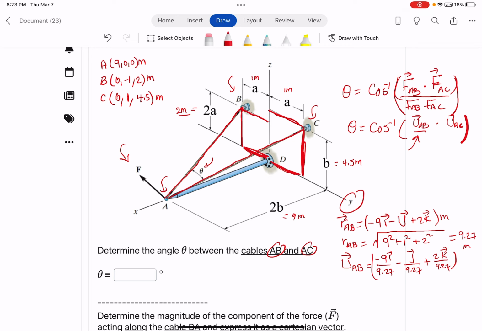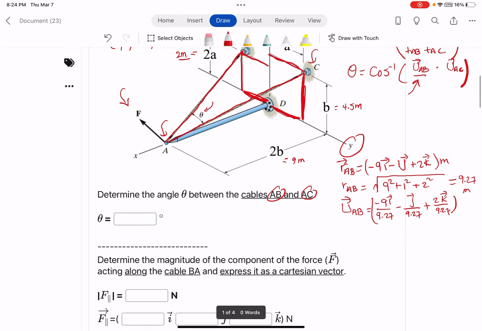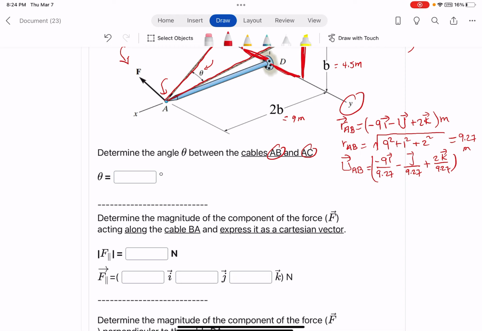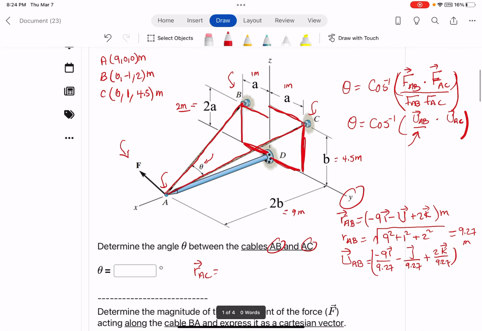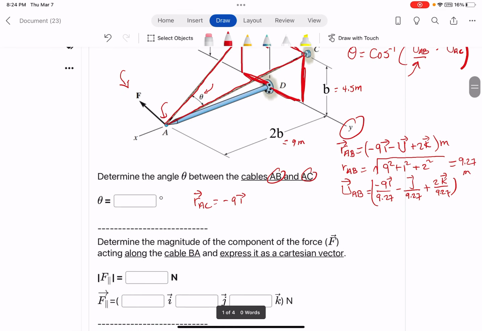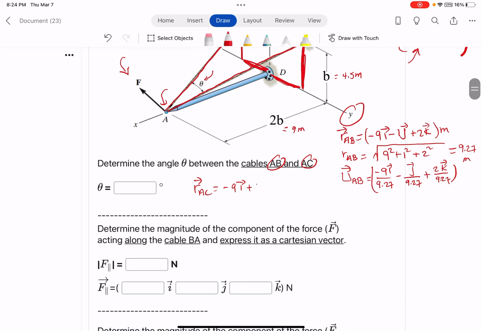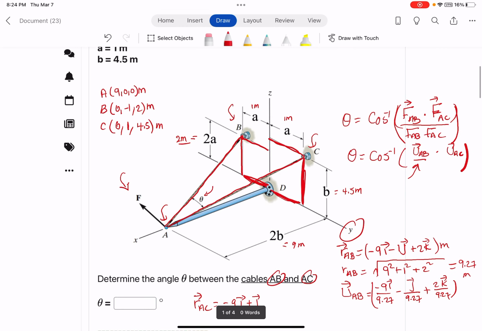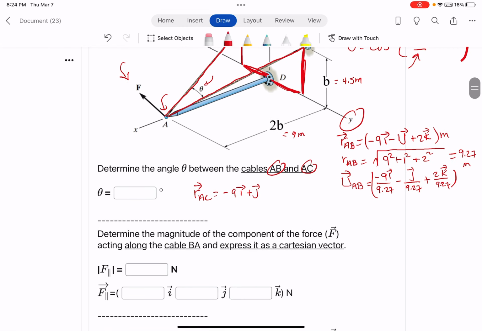Now let's find the unit vector AC. So the position vector AC is C minus A: 0 minus 9, minus 9i; 1 minus 0, plus j; and 4.5 minus 0, plus 4.5k.